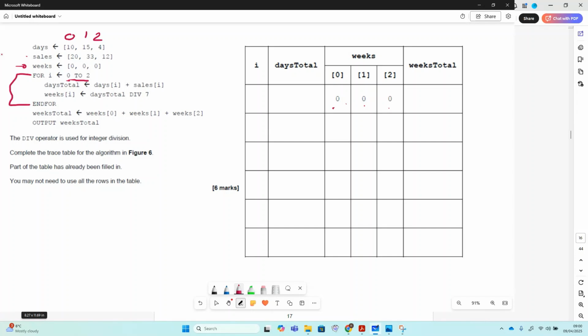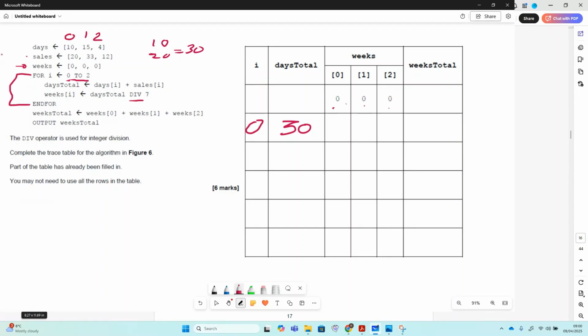Okay, so I is getting the value 0. So I becomes 0. Days total gets days at I. Well, days at I is 10, and it's adding sales at I, which is 20, so it's 30. So the days total is 30. Then weeks at I gets days total div 7.